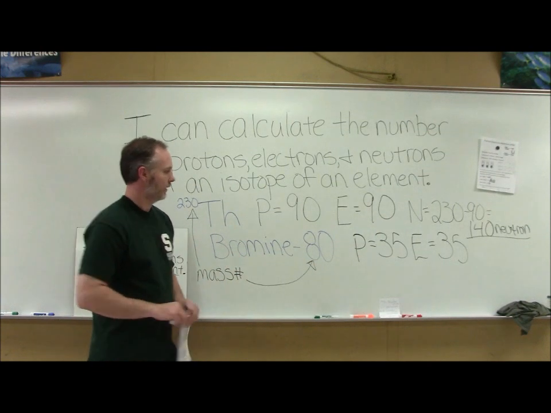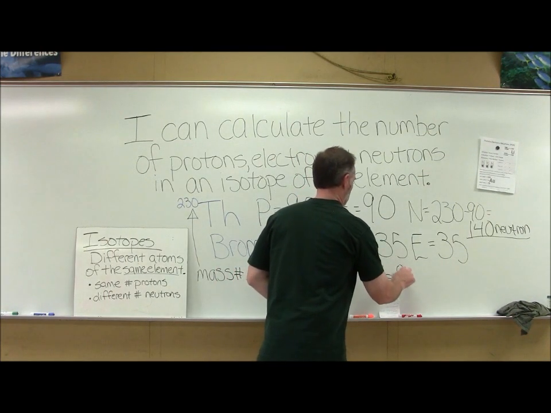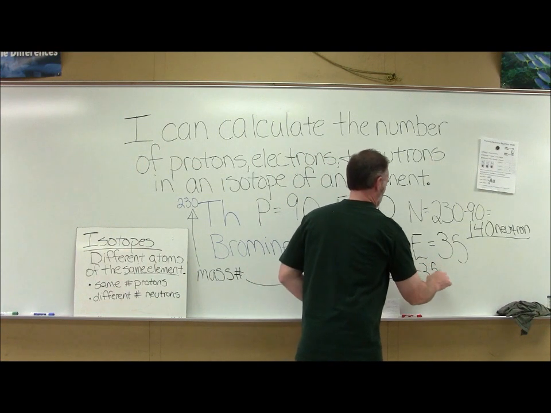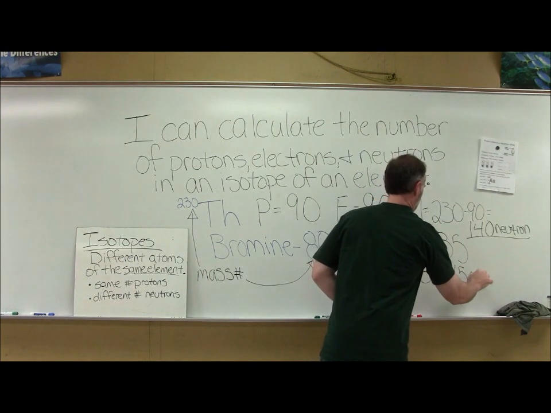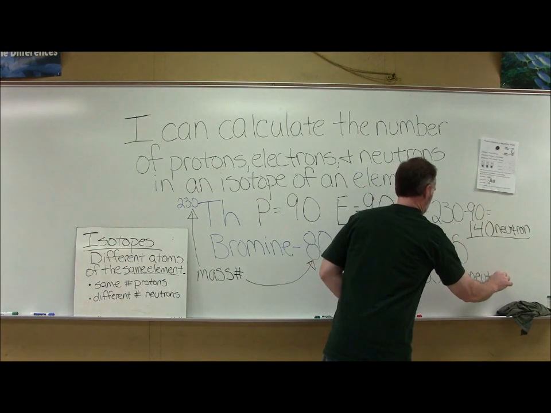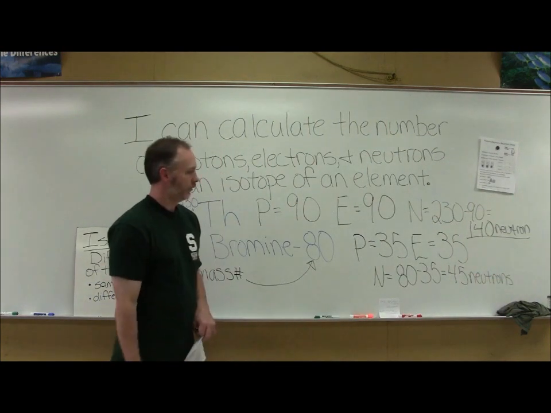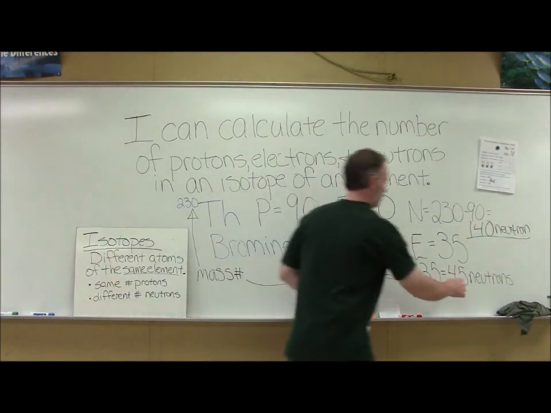And for our bromine-80, there will be 80 minus 35, 45 neutrons.